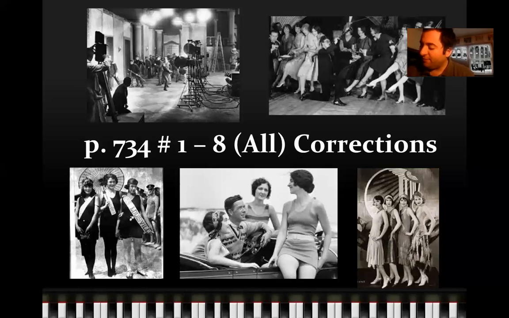Review Edna St. Vincent Millay's poem on page 732. How does it reflect the spirit of the 1920s? So if you have your textbook, go to 732 now. Here's what she states. My candle burns at both ends. It will not last the night.